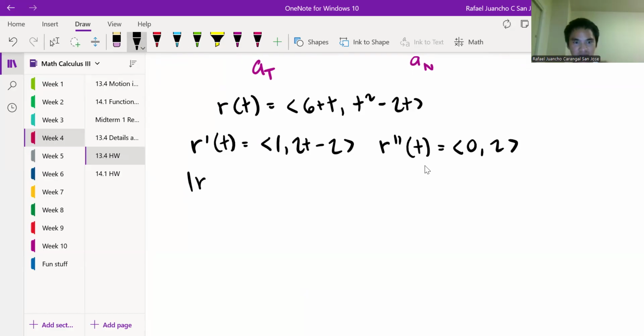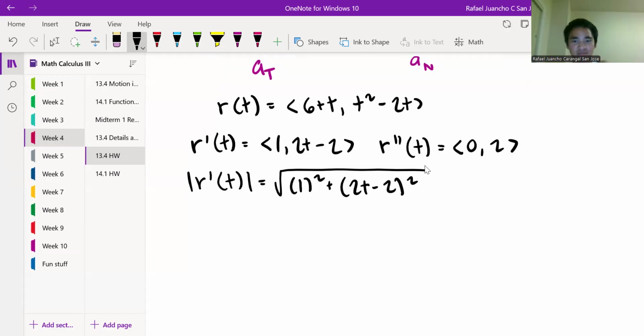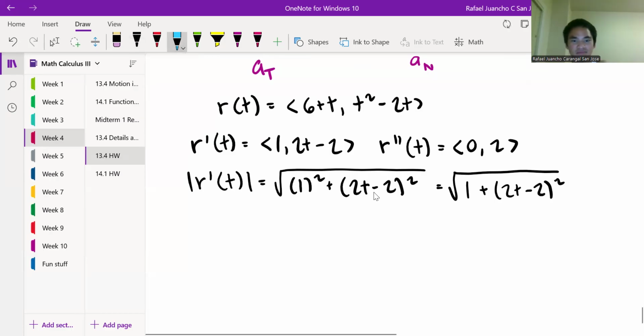Let's find the magnitude of my first derivative. So this is a distance formula from the origin. There we have it. I can simplify, I guess, but I'm going to leave it as is because I don't want to mess it up. Okay. What else? I think that should be fine.